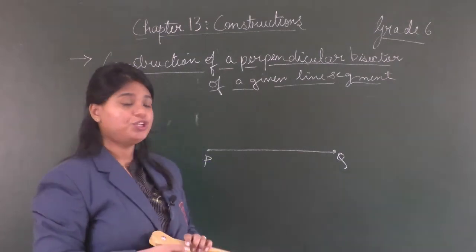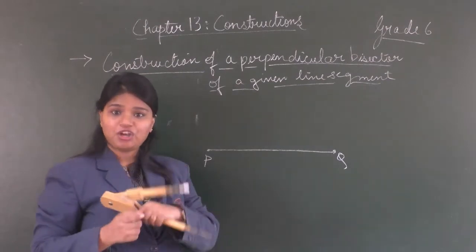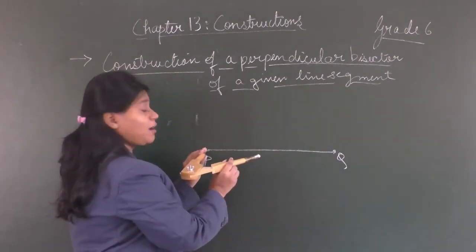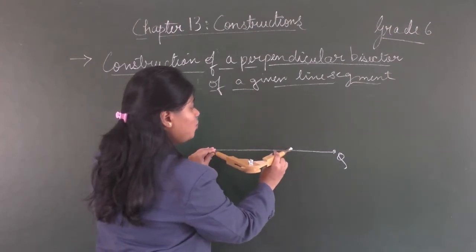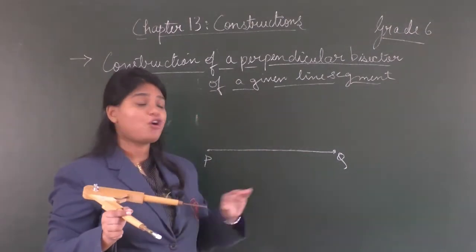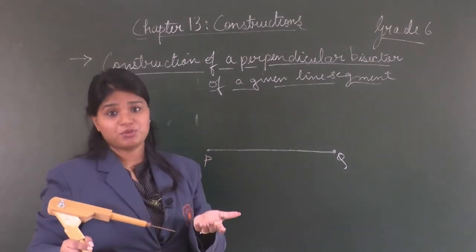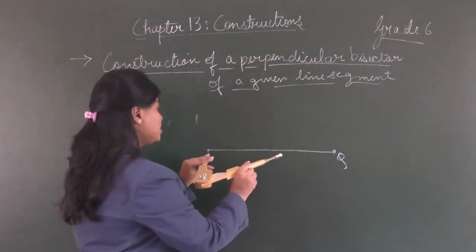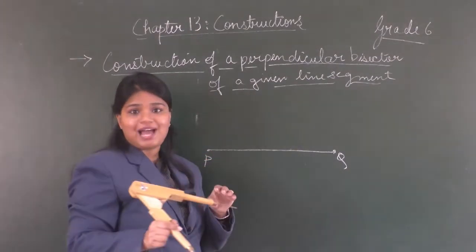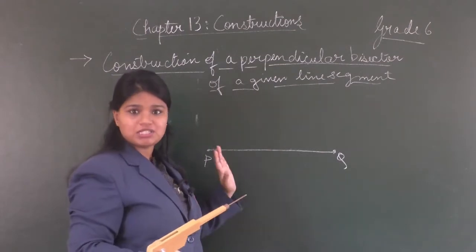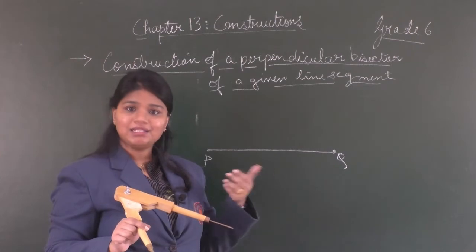First, you will draw a line segment PQ. Then you will take your compass and place the needle of the compass on point P. Now you will open your compass with a radius more than half of this line segment. You have to use your observation skills and find a point as the center of this line segment, and open your compass more than that half part.